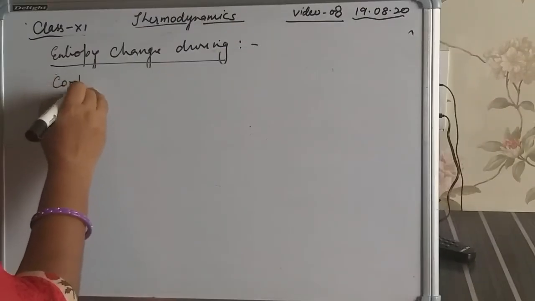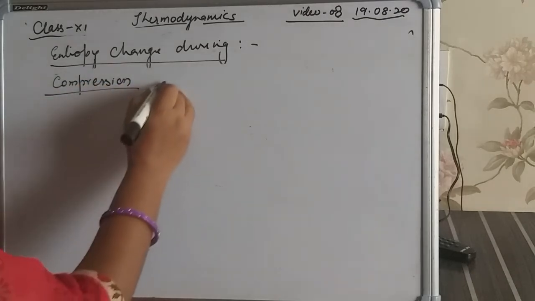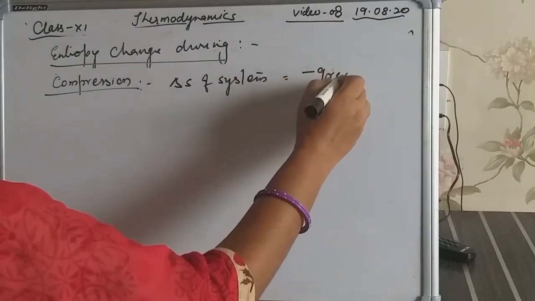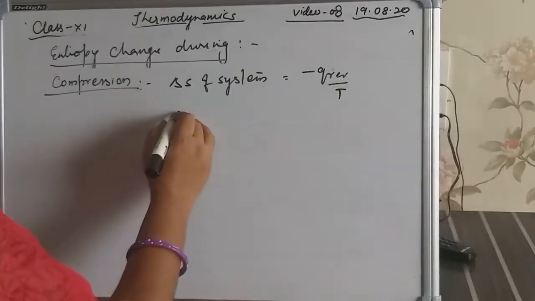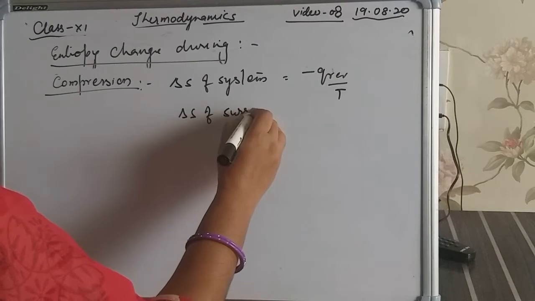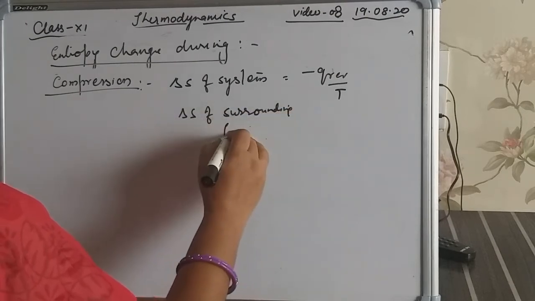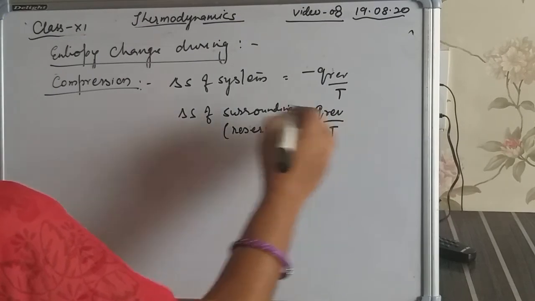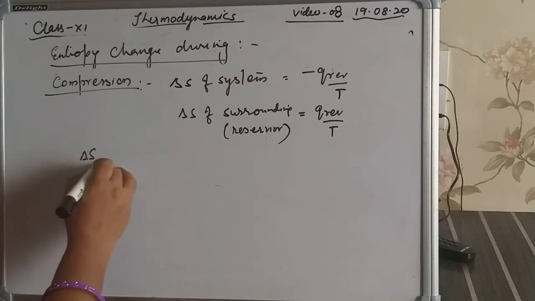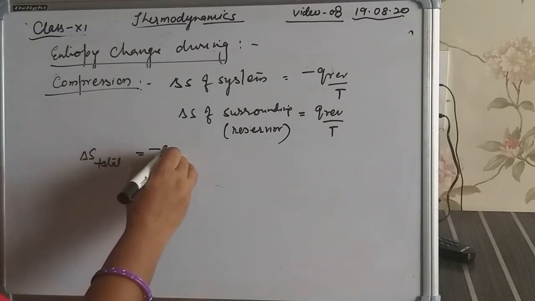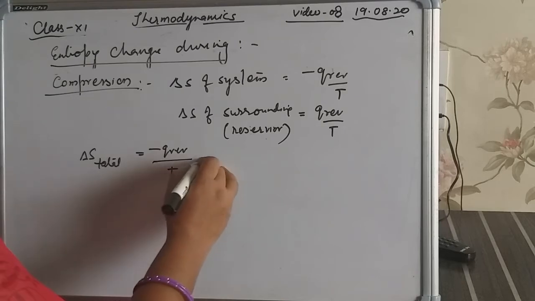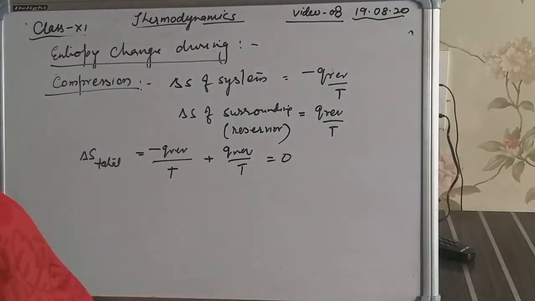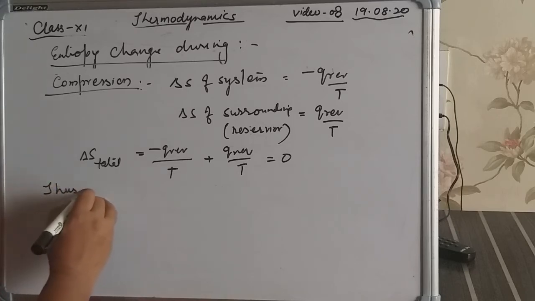In case of compression, for the system, Q reversible, just reverse the sign, and change in entropy of surroundings, or we mention here reservoir, becomes Q reversible by T. So let's calculate total entropy: change in entropy of system plus change in entropy of surroundings, so it becomes 0.